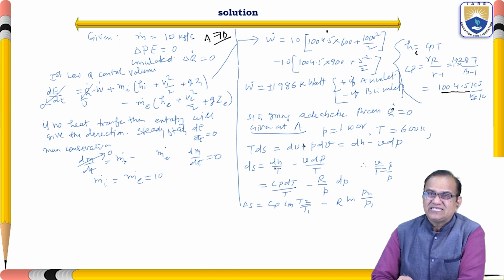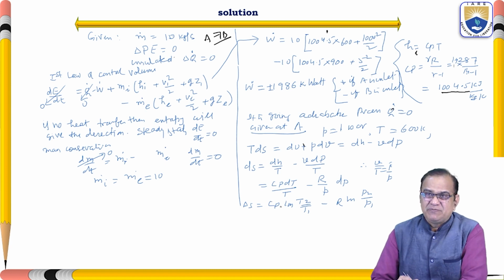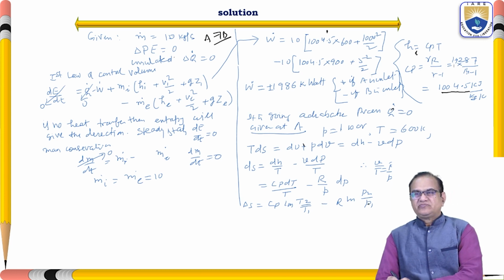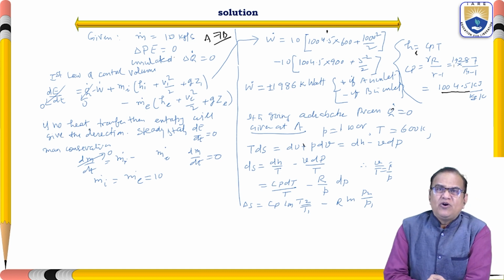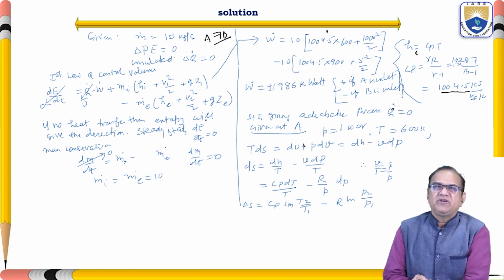So here dH we can write as Cp dT by T minus R by P dP. By integration we will get Cp ln T2 by T1 minus R ln P2 by P1. So here if no heat transfer, the enthalpy will give the direction.